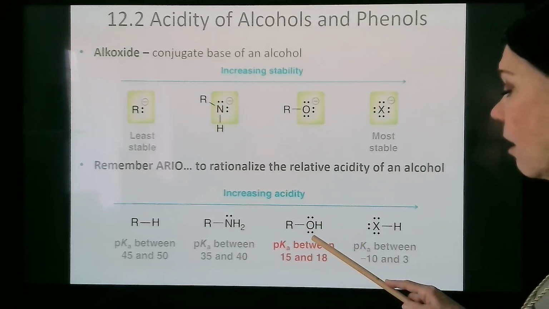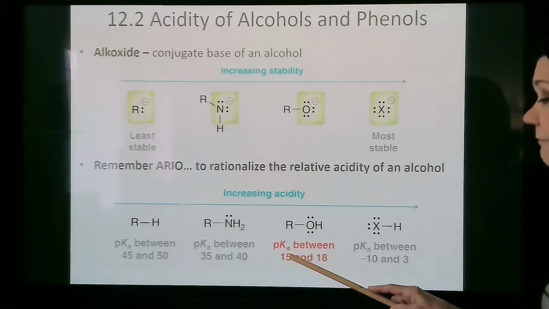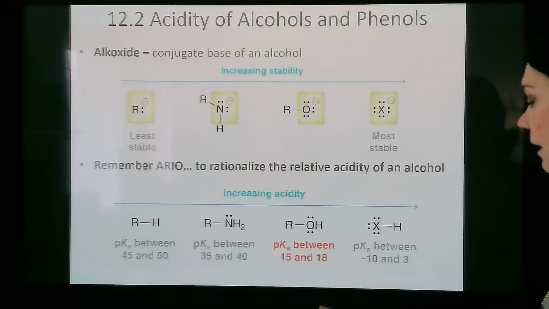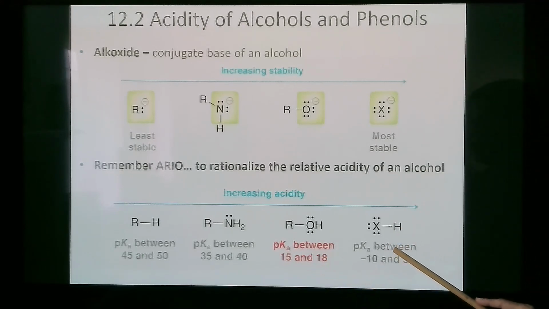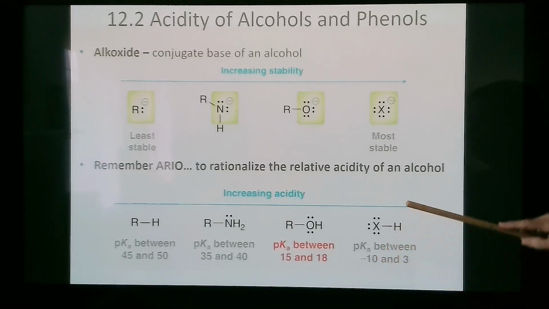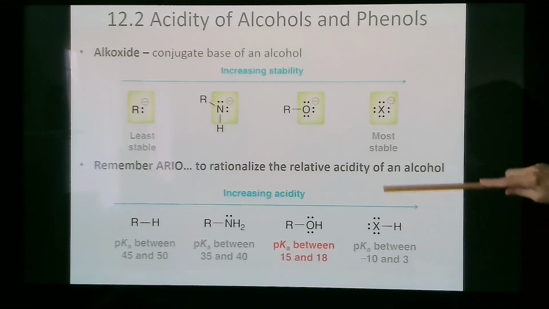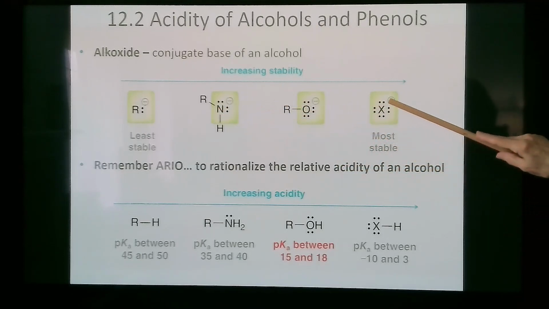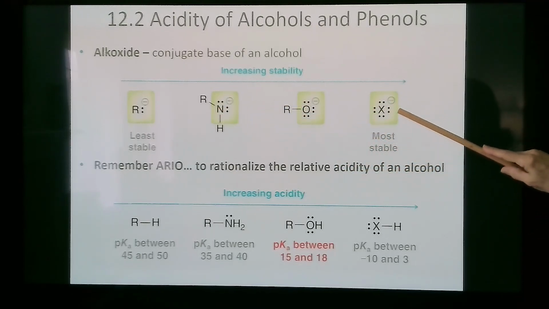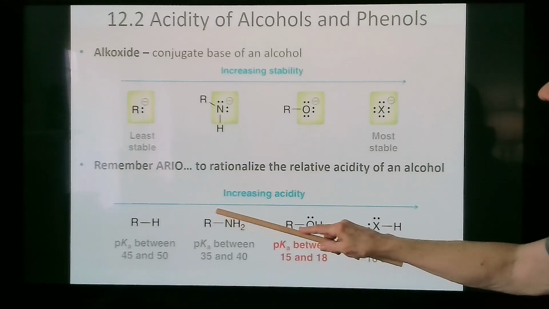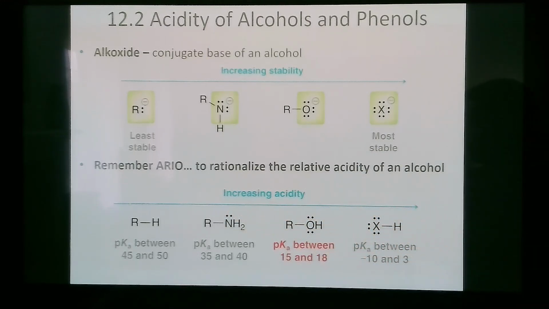Here, the alcohol has a pKa between 15 and 18, and the halides are between 3 and minus 10. So in each case, you can see that as the anion is stabilized, the acidity of its conjugate acid increases. So there are the two trends.